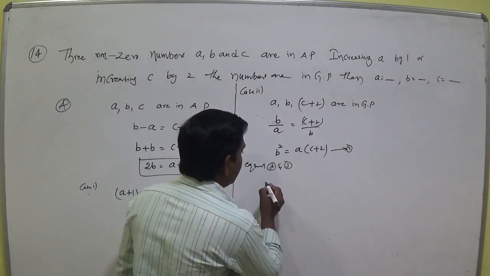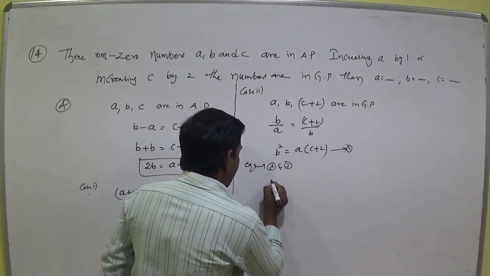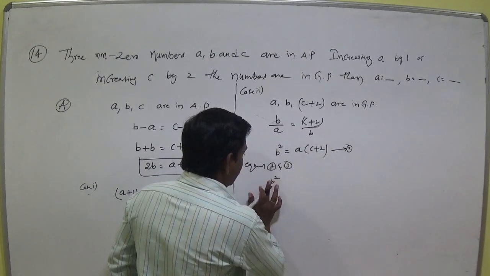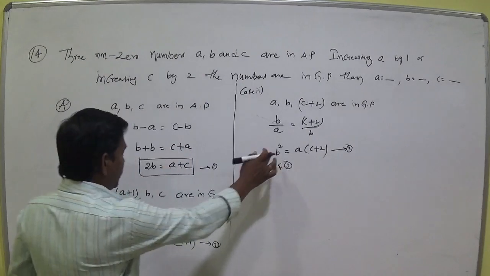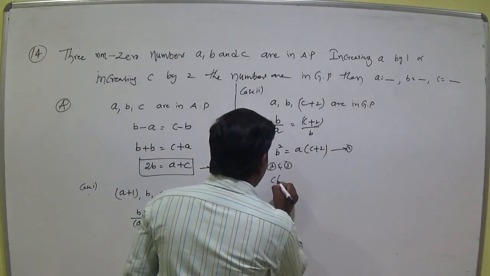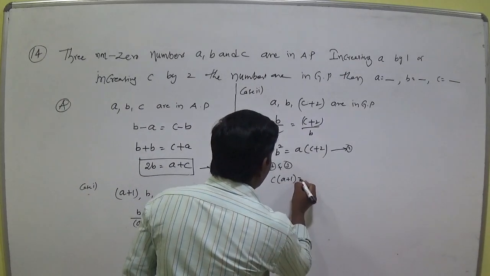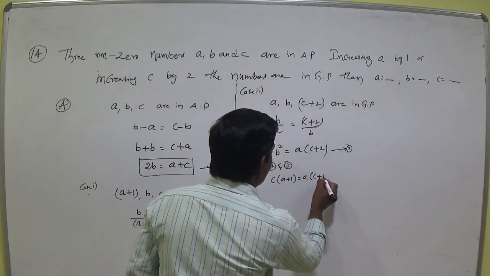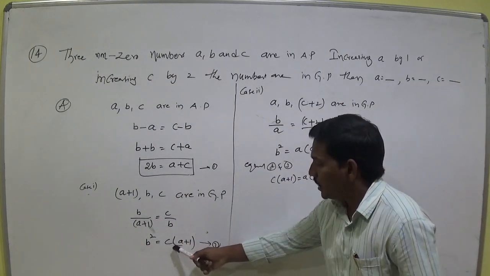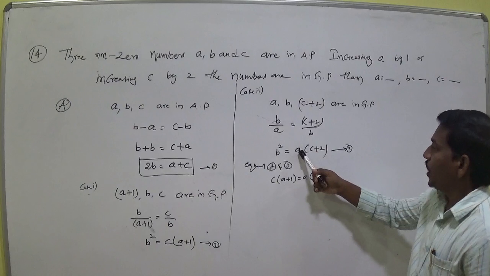That means b square equal to, this is also b square, this is also b square, so we can equate: c into a plus 1 equal to a into c plus 2. Both are equal.